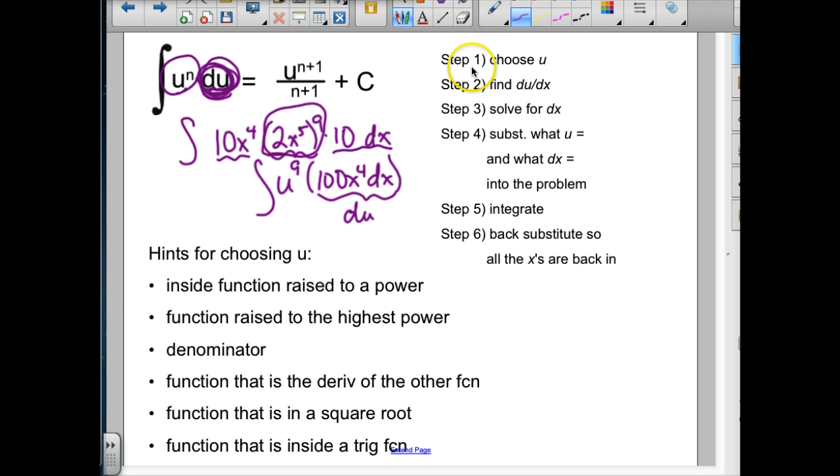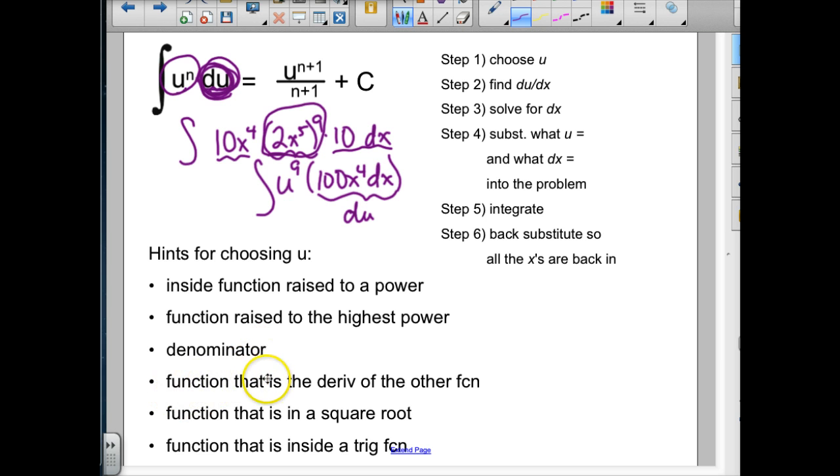So here are your steps. Choose u. To choose u, you choose the inside function that's raised to a power, or any part of the function that's raised to a highest power, because you may have two functions raised to a power. So choose the one that's raised to the highest power. We could use this for a quotient rule for integrating, so you might want to choose the denominator if we have a denominator that has a variable in it.